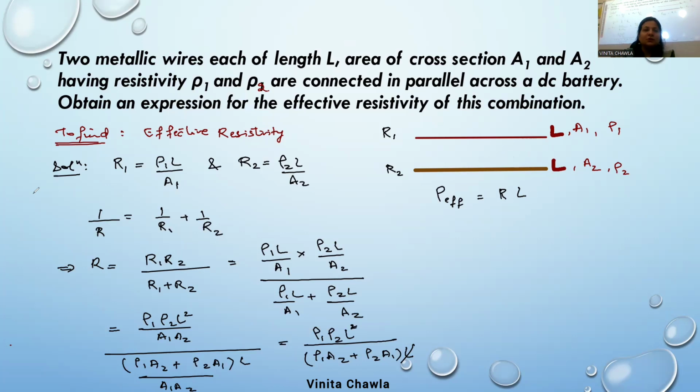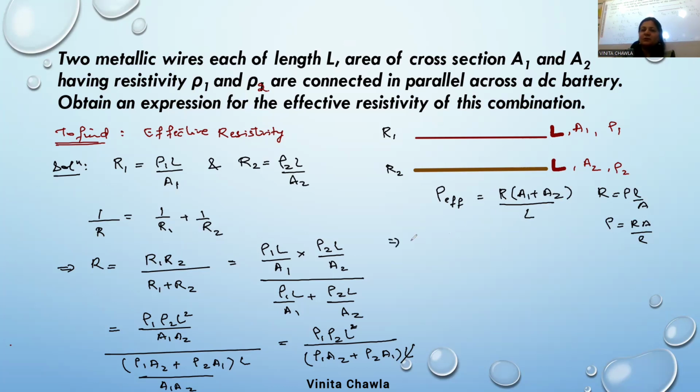Sorry, it's RA by L, because R is rho L by A. If you want to find rho, then it is RA by L. Area of cross section will increase to A1 plus A2, and L remains the same.